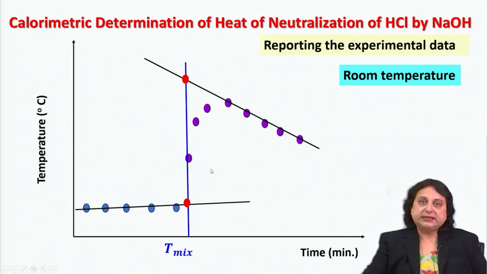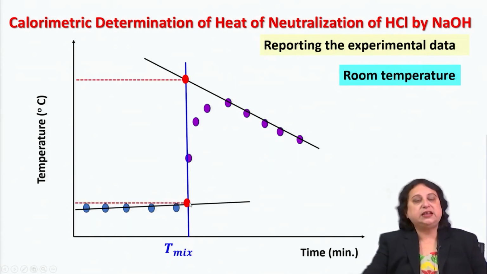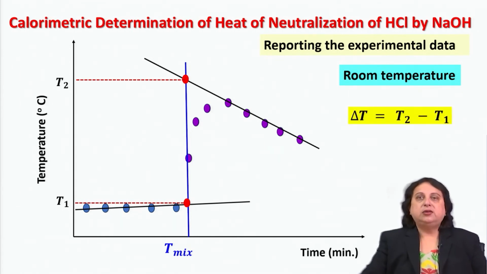So I understand that this gives me an accurate representation: T1 is the temperature right before mixing, and T2 is the temperature right after mixing. And then I will calculate delta T as T2 minus T1.